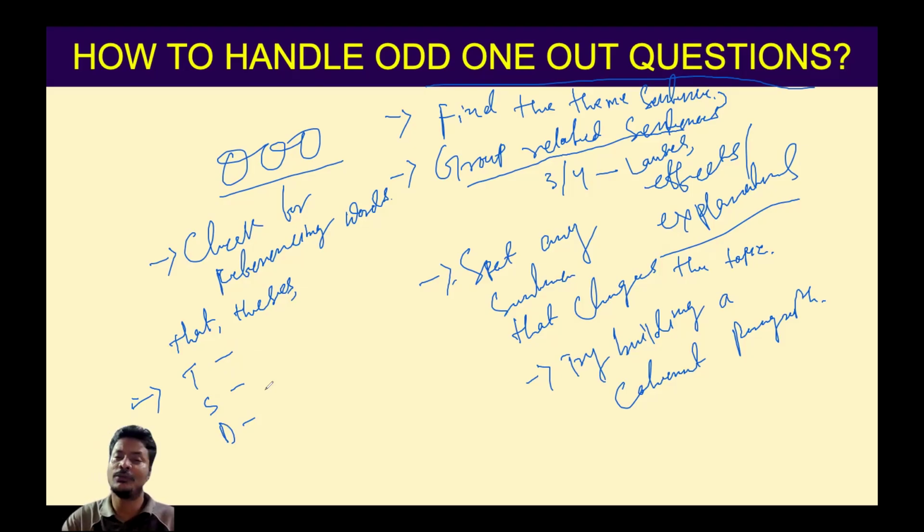Generally, if you find a jumbled sentence or odd one out question, ask three questions to yourself. Does this sentence talk about the same topic? You read the first sentence. If you go to the second sentence, you need to ask whether the second sentence talks about the same thing as the first sentence, isn't it? So that is what is called the topic.